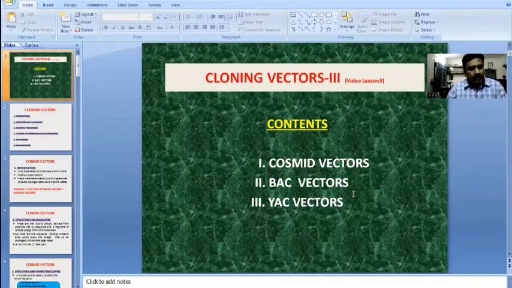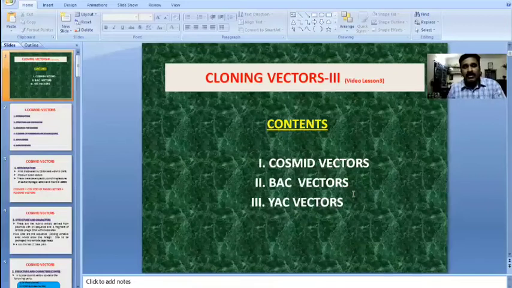And in this lesson, that is in this video lesson 3, I would like to explain the last part of the cloning vectors. So the heading is cloning vectors 3. Let us see quickly the contents of this video lesson.